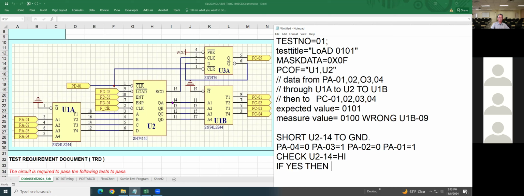You check right here, U2 14 for logic 1. If yes, what can you do? You go back to 11, you go back to 3 again and check. Well, you got the right input but the wrong output. Right now I say, I take U2 14 at logic 1. And I get it. Yes, I get it.